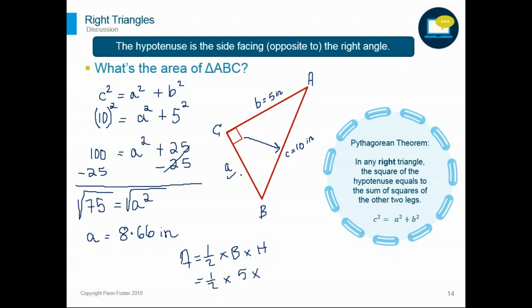That will make CB the height, which is the value that we just found, 8.66. Multiply everything together, and that will give you the area of this right triangle: 21.65 square inches, since we're talking about area.